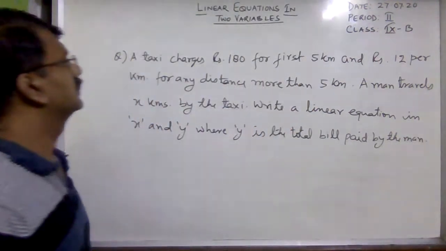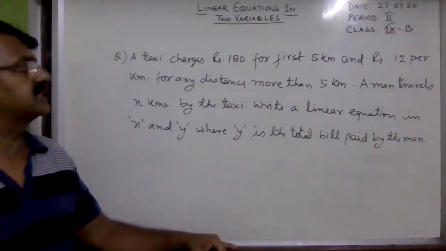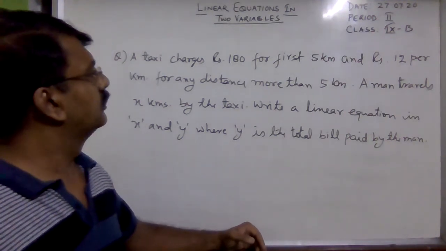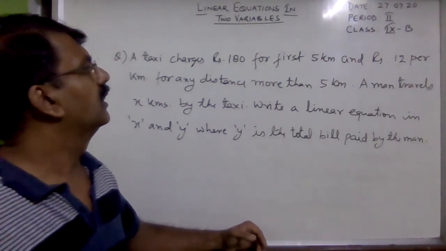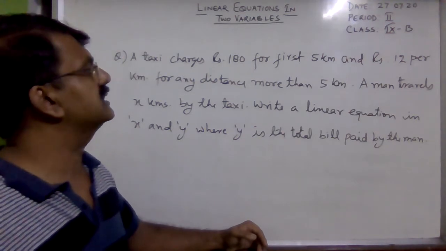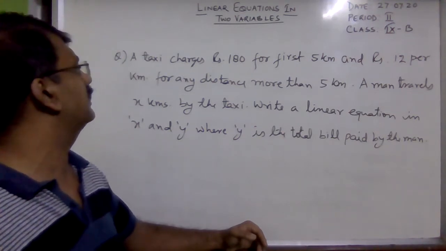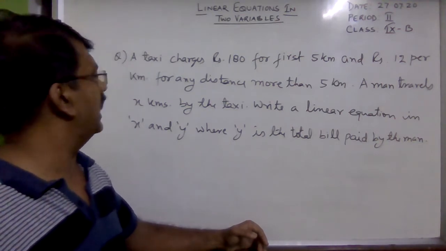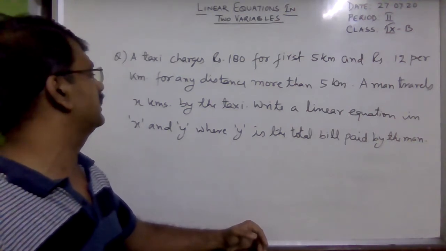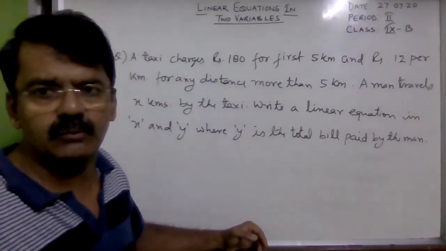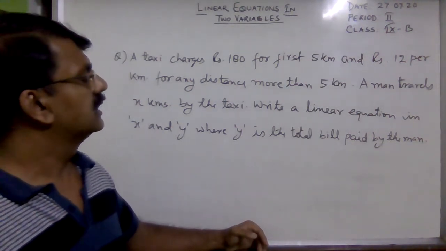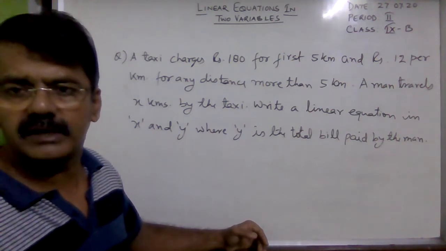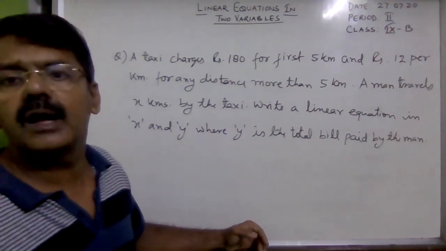Okay. Question says a taxi charges rupees 180 for first 5 kilometers and rupees 12 per kilometer for any distance more than 5 kilometers. Now a man travels X kilometers by the taxi and that X is more than 5 kilometers. So you have to write a linear equation between the total distance covered X and the total bill Y.